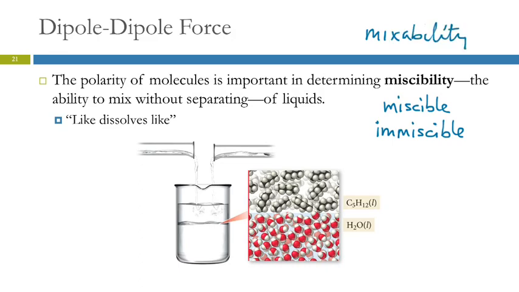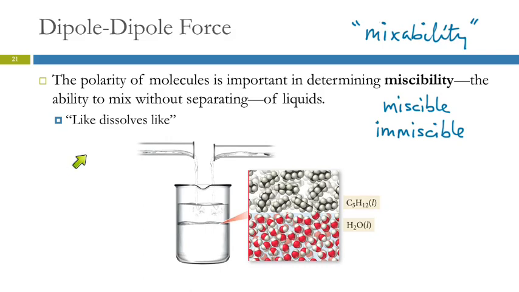Okay, that's not an actual word. But mixability, miscibility kind of sound alike. And if I said those are mixable, would you understand what I meant, even though it's not really a word? Yeah, you are able to mix them, right? So if they're miscible, you can mix them together. They mix together very well. If they are immiscible, they are not mixable. They do not mix together.